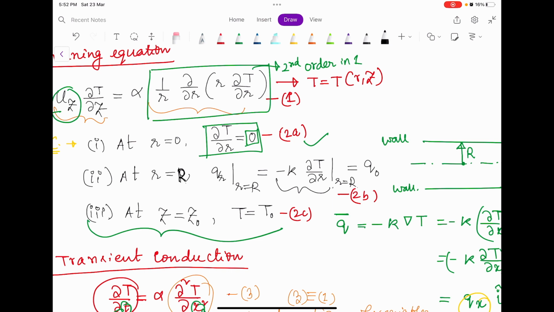So this is not 0, that means this is inhomogeneous or non-homogeneous. That means this problem cannot be solved by separation of variable.